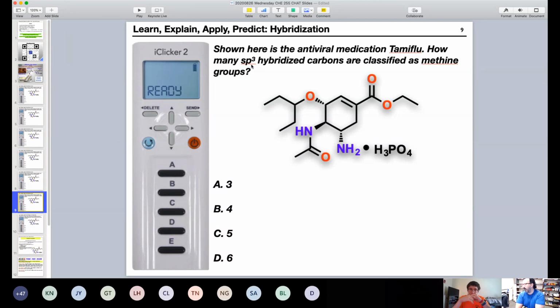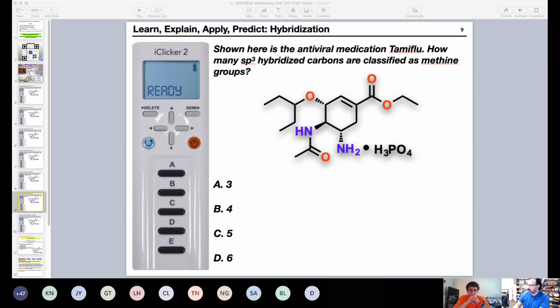We have a smattering of answers here. What do we mean by methine? How do we classify methine?